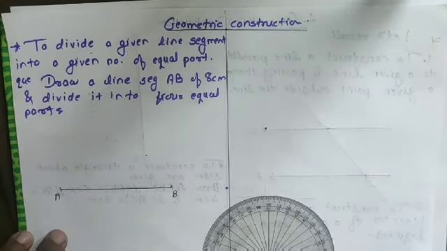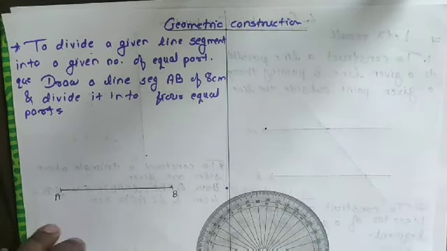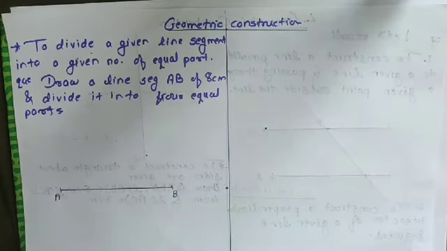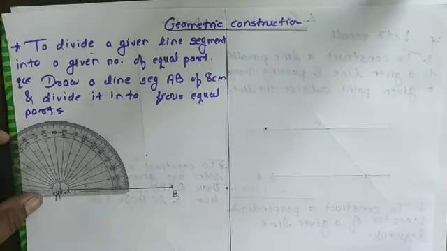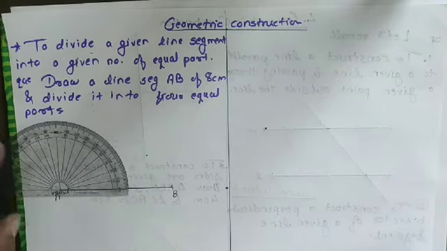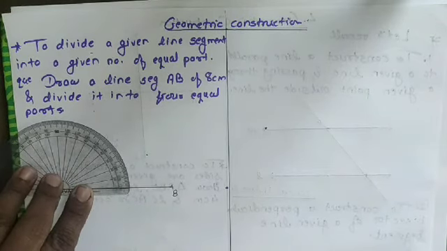For drawing it, we have to take an angle here from A. You just take any angle. It is not a restriction that you have to take only that many degrees. You just take as per your convenience.